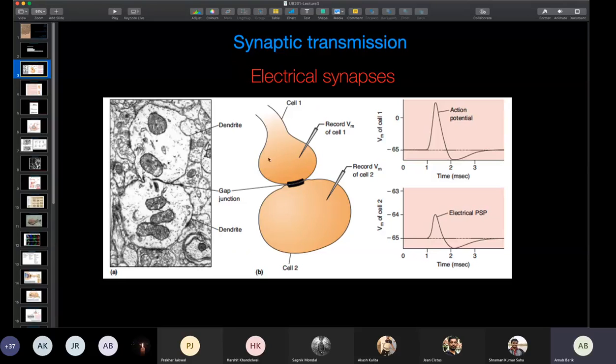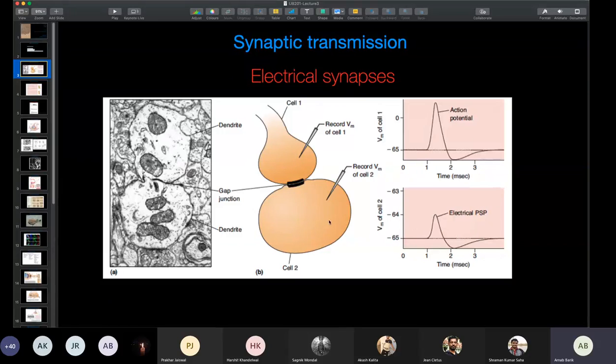So this is the structure of it, and then you can record, which here means that you're basically recording the relative voltage between the two cells. This can be neurons in hydra or any invertebrate or a mammalian system. This is not an actual recording, but what they try to show is when there is an action potential, which is a change in voltage, the communication that happens through a gap junction is called a PSP, or postsynaptic potential.